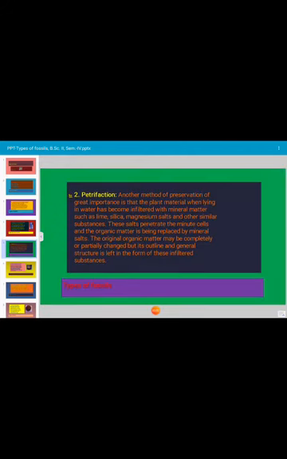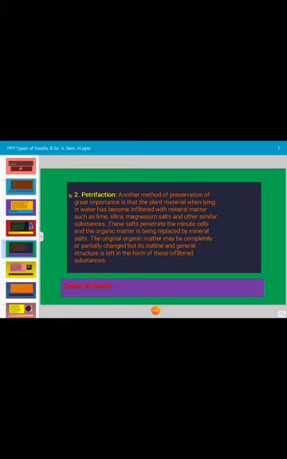Another type of fossil, that is petrifaction. Another method of preservation of great importance is that the material, when lying in water, has become infiltrated with mineral matter such as lime, silica, magnesium salt and other similar substances. These salts penetrate the minute cells of the plant and the organic matter is replaced by the mineral salt.